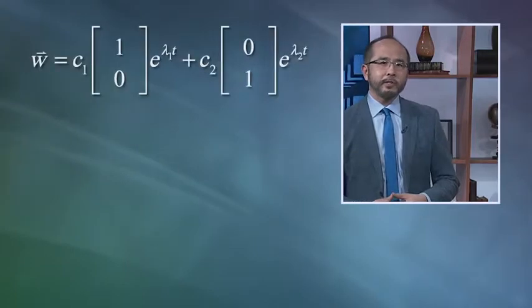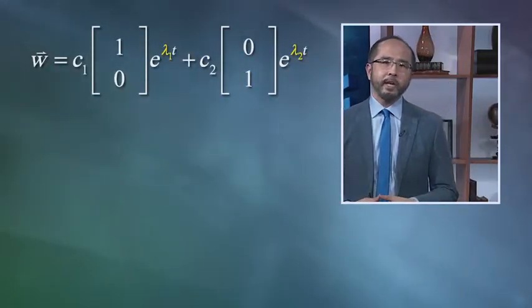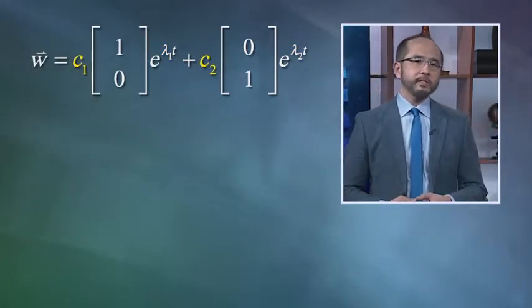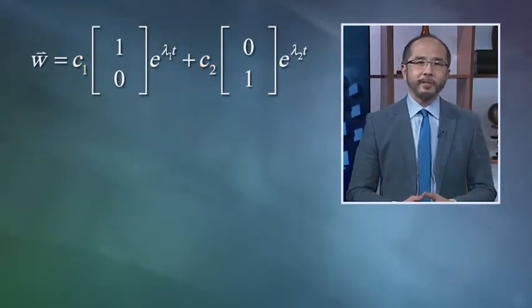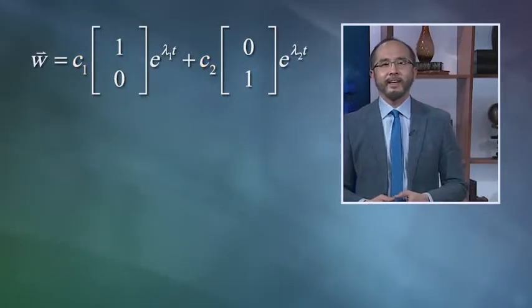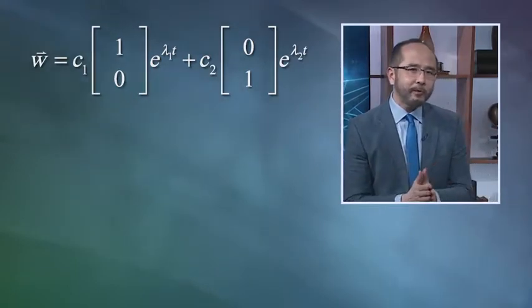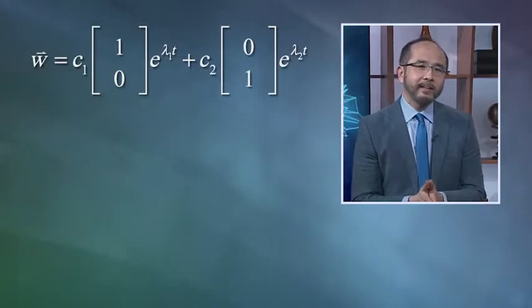Our method earlier shows us w equals this expression, where lambda 1 and lambda 2 are eigenvalues of A, and c1 and c2 are arbitrary constants. So we've solved for w. Hooray! But it's a little premature to celebrate, because we weren't interested in w, were we? We were interested in solving for the vector x.